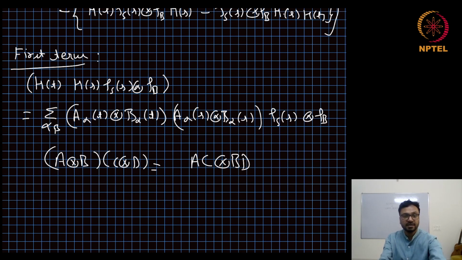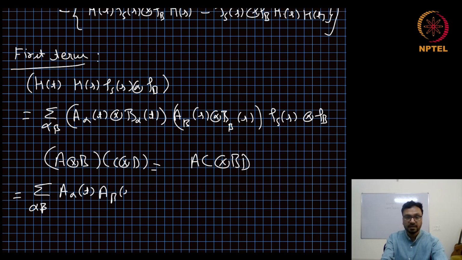So using that, we can write it as sum over alpha, beta of A_alpha at time t, A_beta (it should be beta here, not alpha) at time s, rho_s(s) tensor B_alpha at t, B_beta at s, and rho_b.